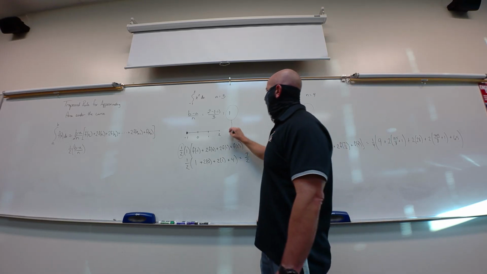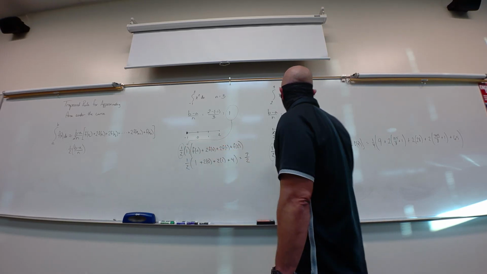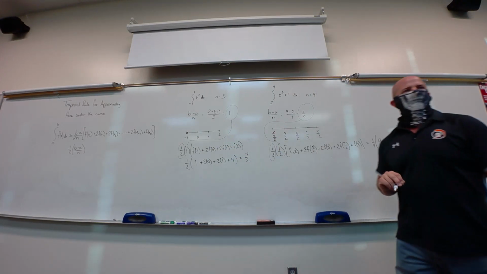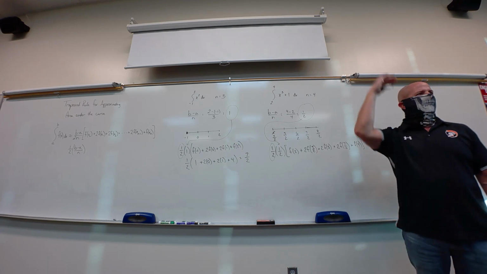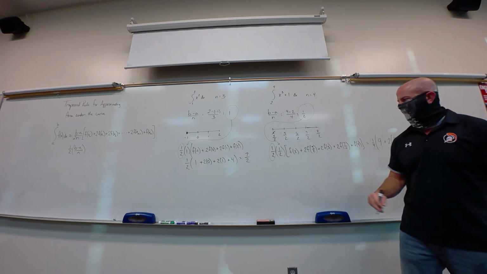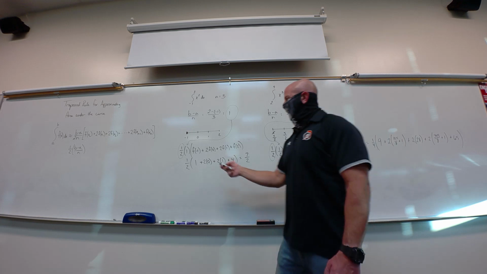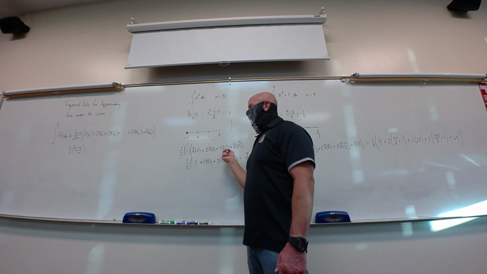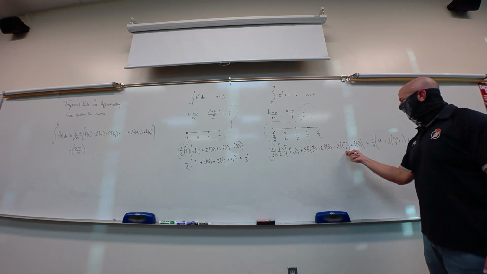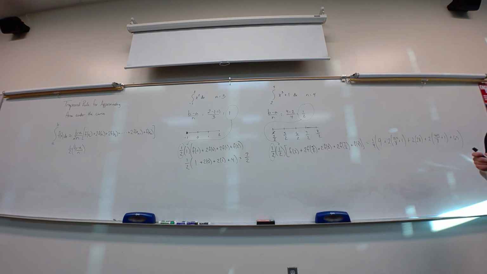Then my (b minus a) over n. And then in comes the function value. So these would be the heights of each one of the trapezoids. So the left height plus the right height. So it's going to be 1 and then 2 of the interiors, the one on the end. Going through.